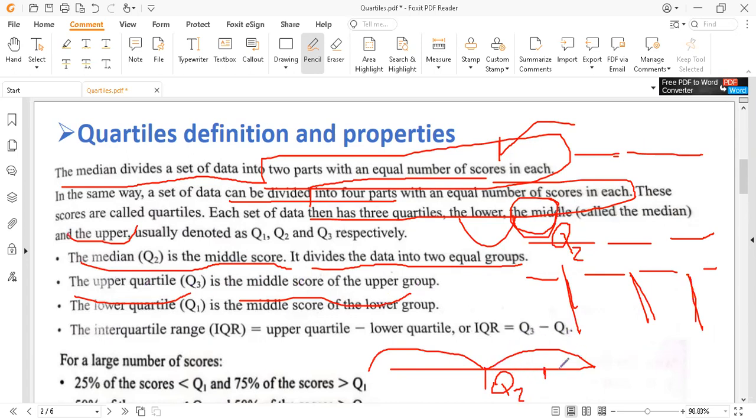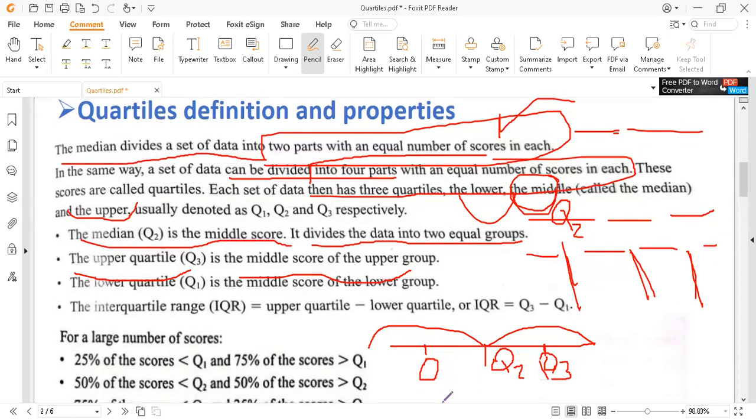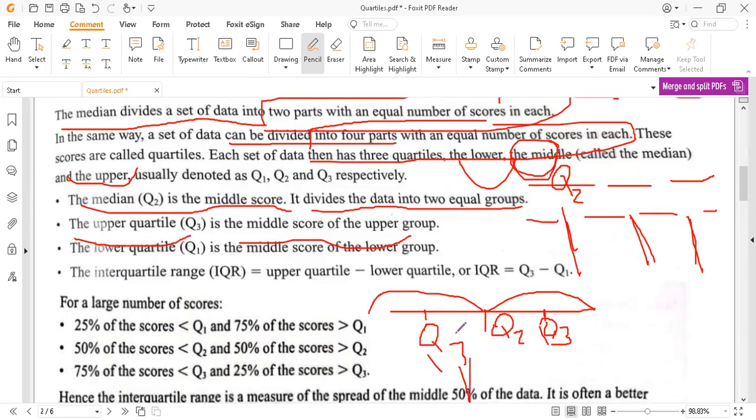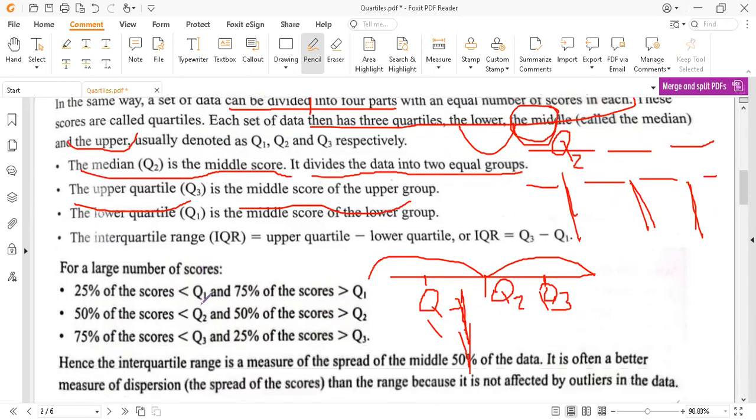So this is Q3, and Q1 is the middle score of the lower group. Good. So we should know that the interquartile range, IQR, is the upper quartile minus the lower quartile.